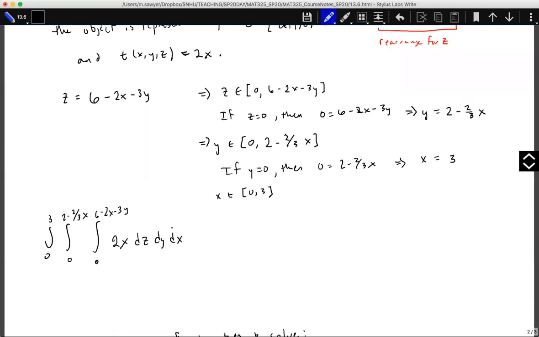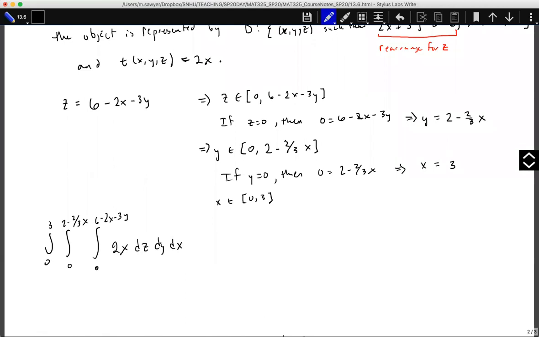And this is a nice problem to solve, because with the first variable, it's just a function of z. So we get 0 to 3, 0 to 2 minus 2/3 x, times 2x, 6 minus 2x minus 3y.